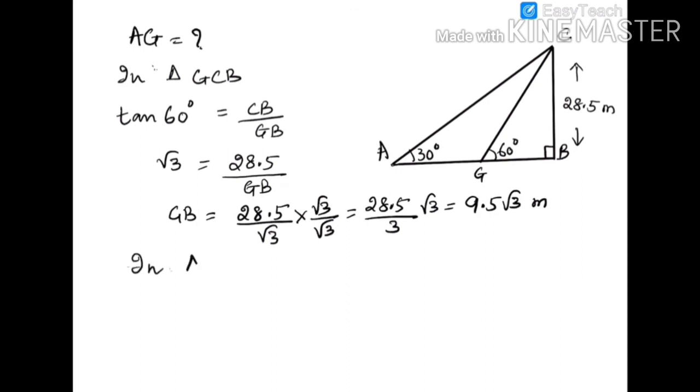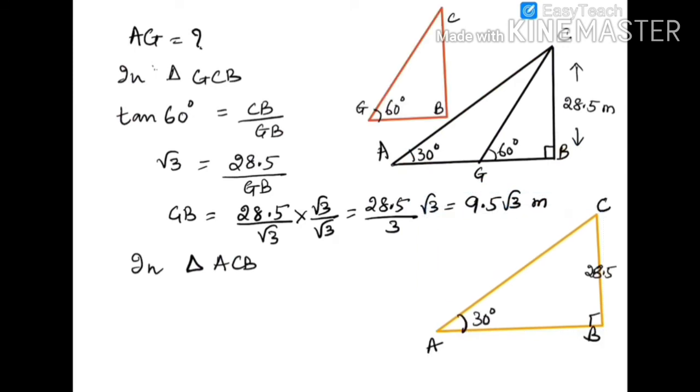Let's take the other right triangle, triangle ACB. To understand, we can separate this triangle. So in the second triangle ACB, BC is the opposite side to 30 degrees and AB is the adjacent side. So again we can form a ratio which is opposite upon adjacent, and that is tan 30 degrees.